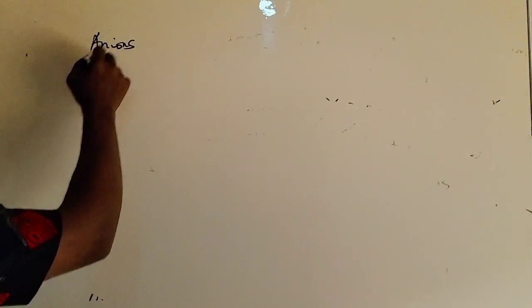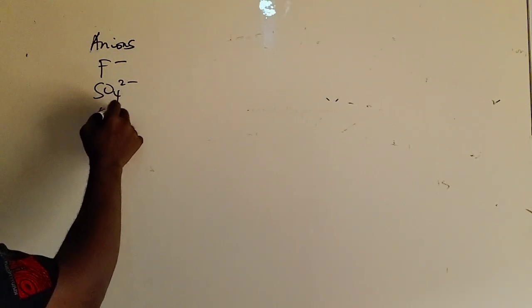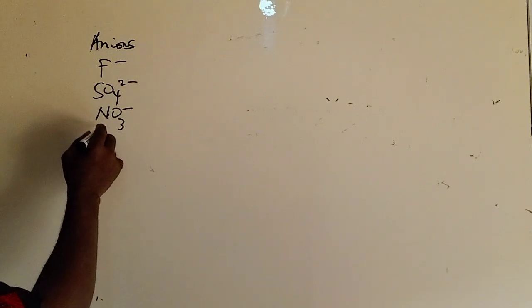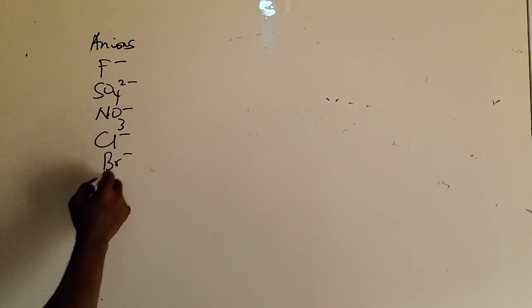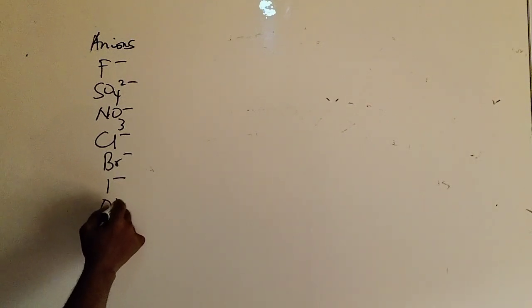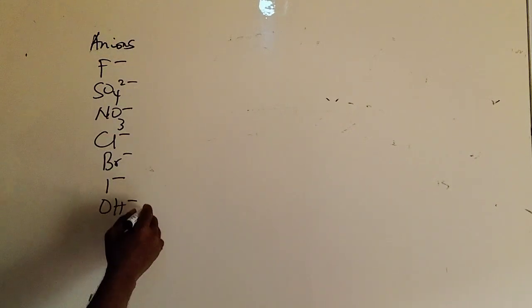So for the anions, we have fluoride, SO4, NO3, chloride, bromide, iodide. There are fewer in number compared to the other series. So let's get a mnemonic for that.